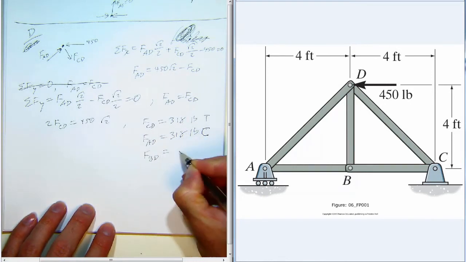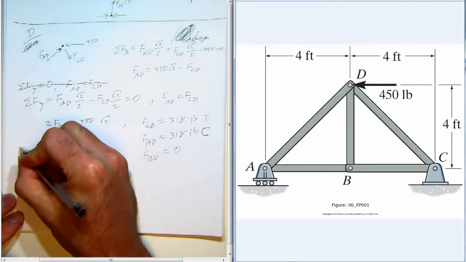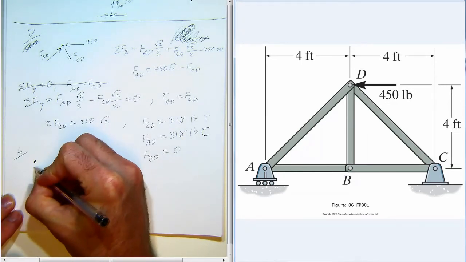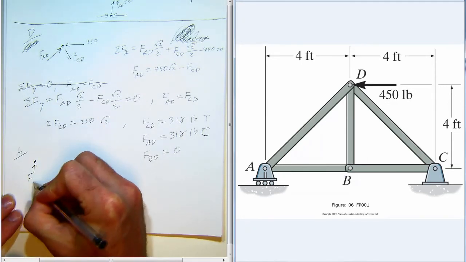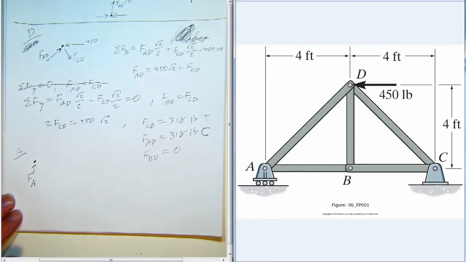FBD is 0. So now we need to get AB and BC. So we'll move on to joint A. And here's the free body diagram. We have a vertical force from the support. We have the force from member AD, and that is in compression.